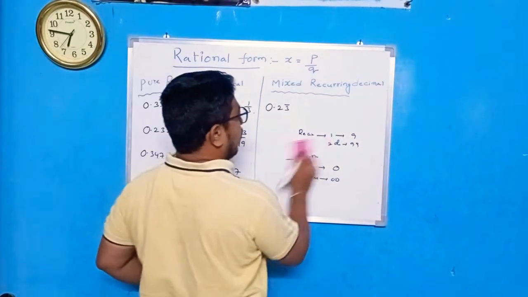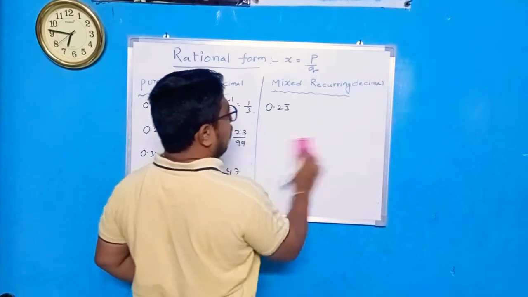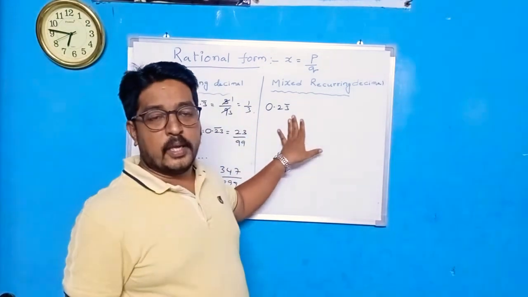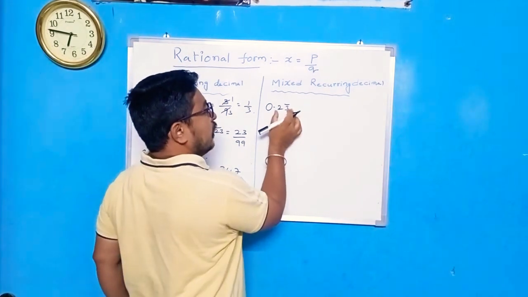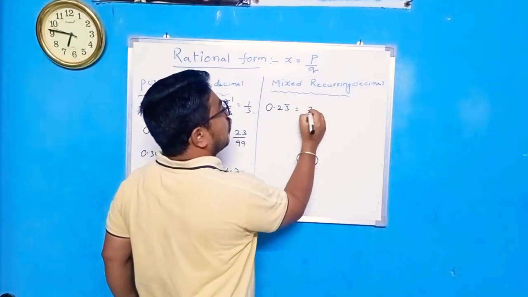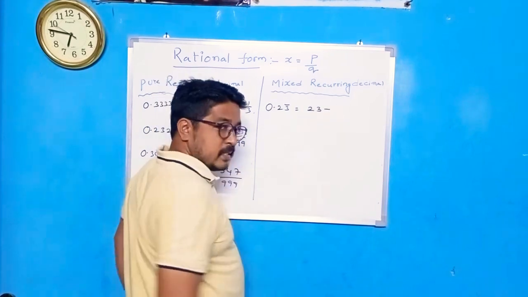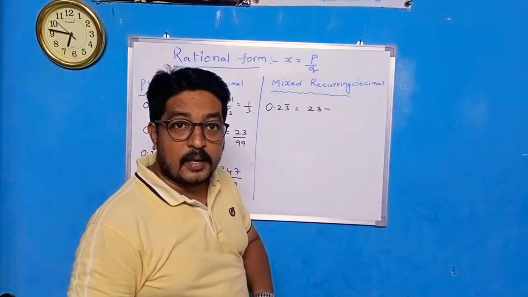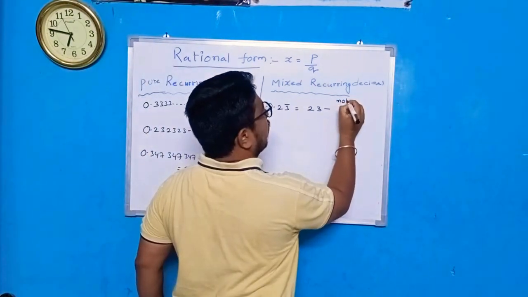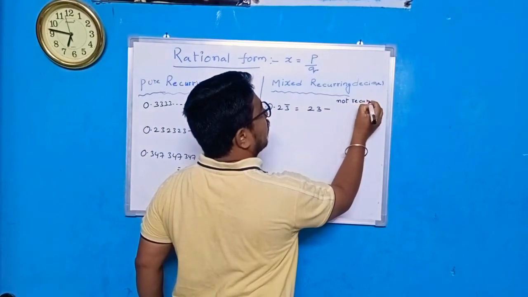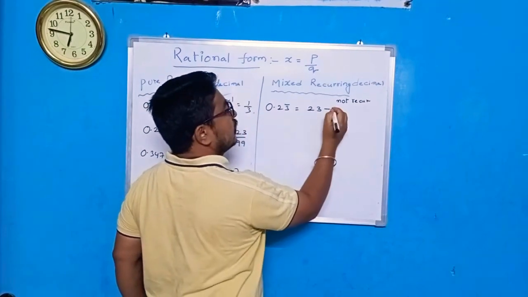See how you can write this one. First of all, 0.23. Take the whole part. What is the whole part here? 0.23, total number is 23. 23 minus the part which is not recurring. The not recurring digit is 2, so 23 minus 2.